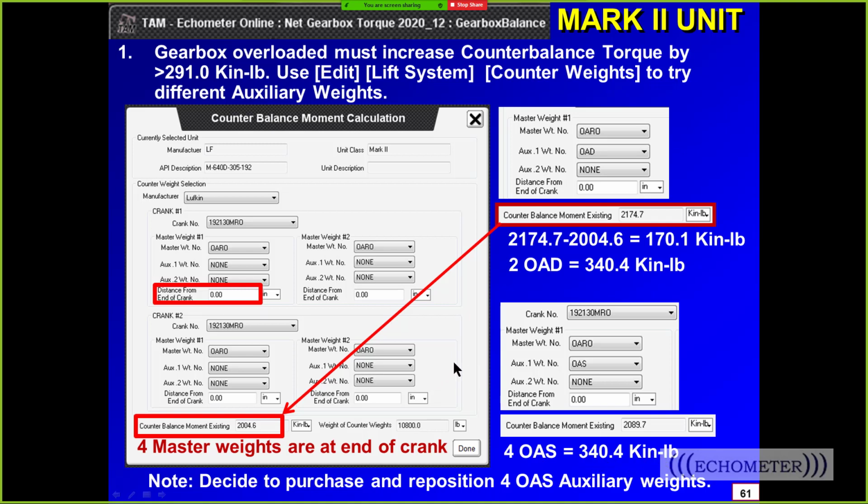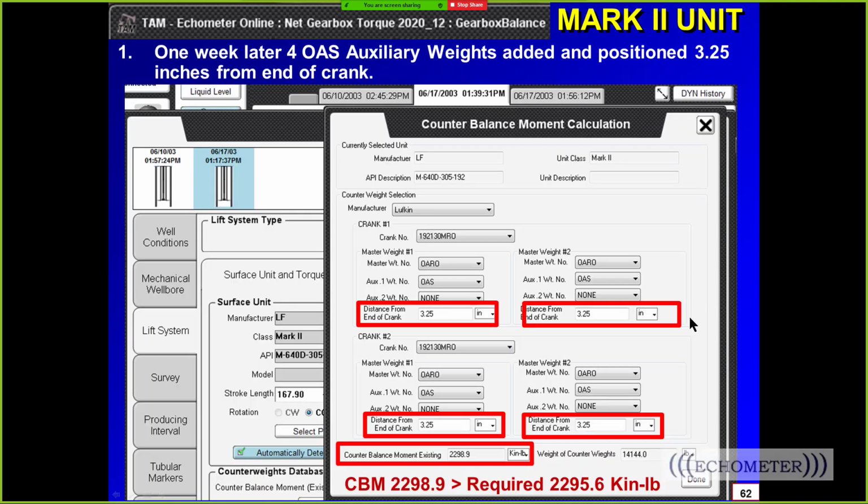So the two OAD add about the same counterbalance as the 4 OAS counterweights. We decided to purchase 4 OAS auxiliary counterweights.